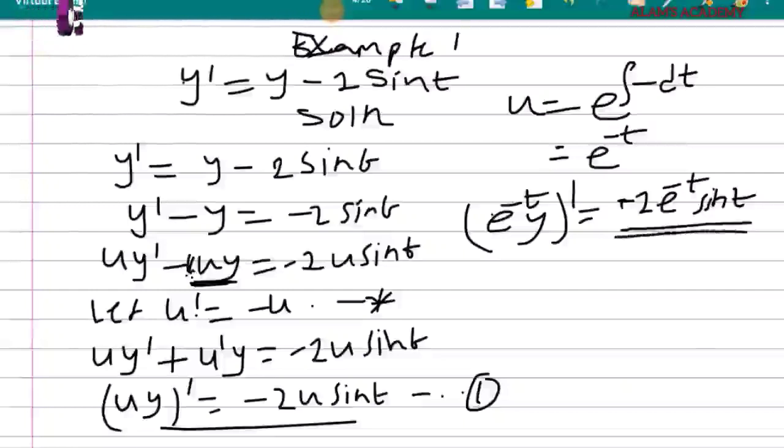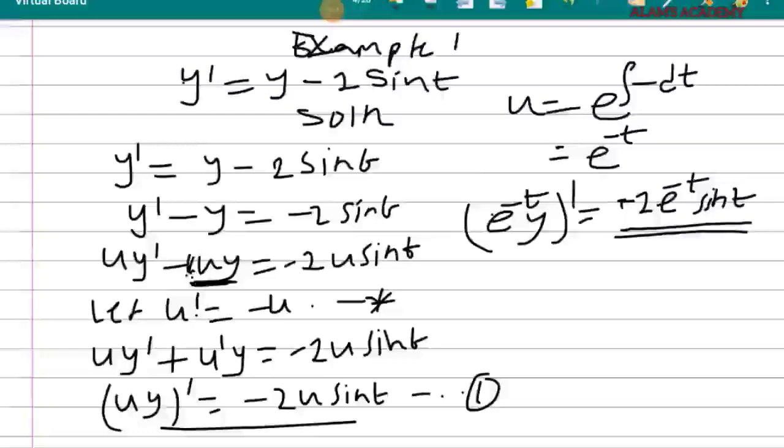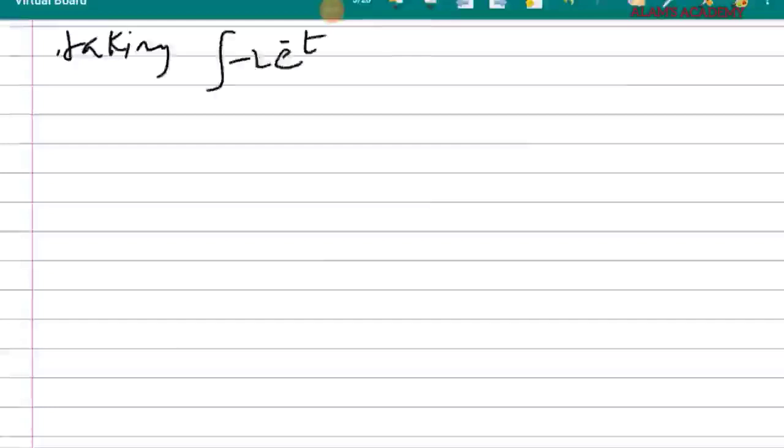In doing that, we can only do this by using integration by parts. So taking the right hand side, taking this side alone, I want to integrate it, and then we can differentiate it at the same time. So taking the integral of negative 2 e exponent negative t sine t dt.